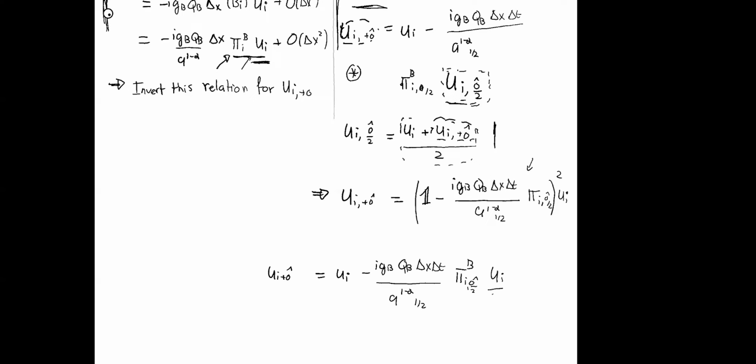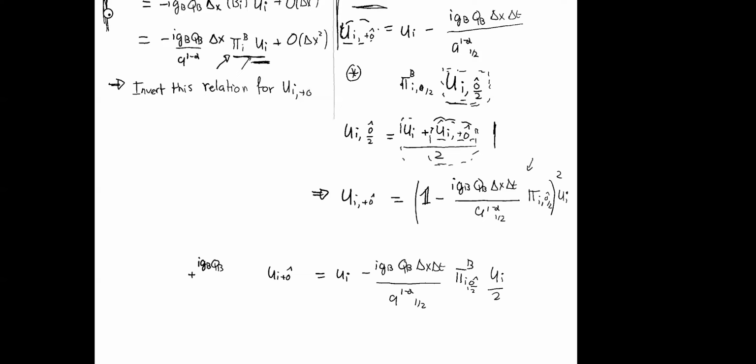But then you also have this expression that I'm going to pass on the other side. So on this side, you have a plus I g b q b delta x delta t divided by a1 minus alpha 1/2 times, let me just move this because this was too close.